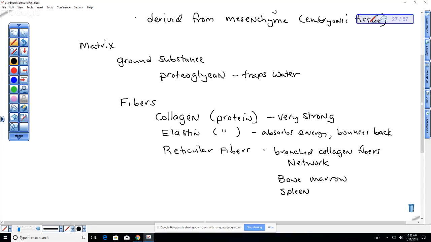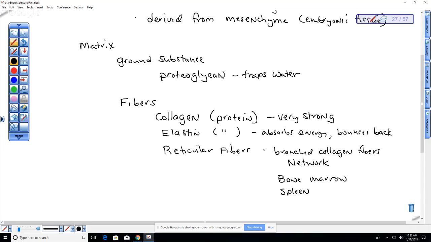So we're going to talk about the spleen when we get to talking about blood, because the spleen is where red blood cells go after they become old and damaged, and the spleen can break them apart and break them down and help in the recycling of those red blood cells. So those are two places where you would find reticular fibers in organs and in connective tissue within organs.